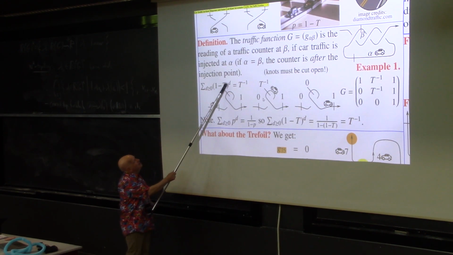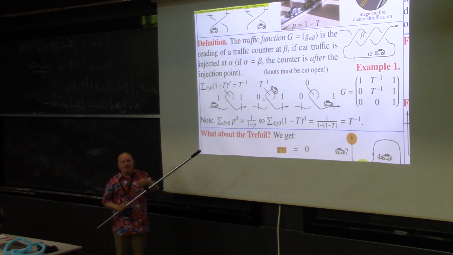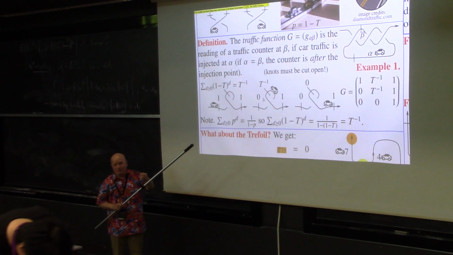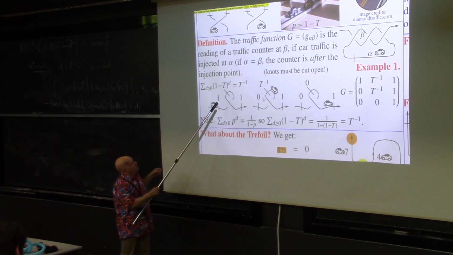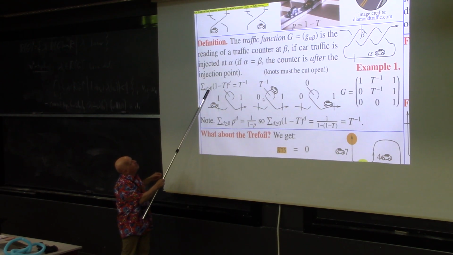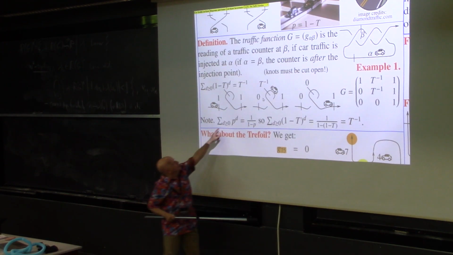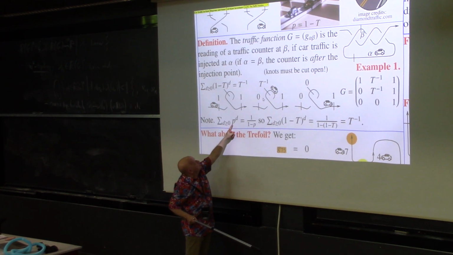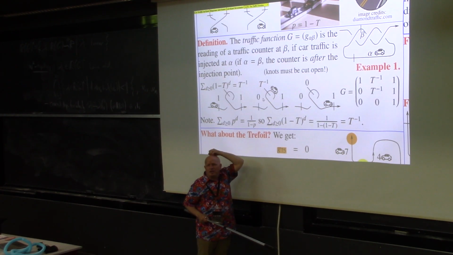So if D measures the number of times the car dropped at the interchange, then the total measurement will be the sum over D greater than or equal to 0 of (1 minus T) to the D, or the sum over D greater than or equal to 0 of P to the D, which by the, what is it called, the geometric summation formula?